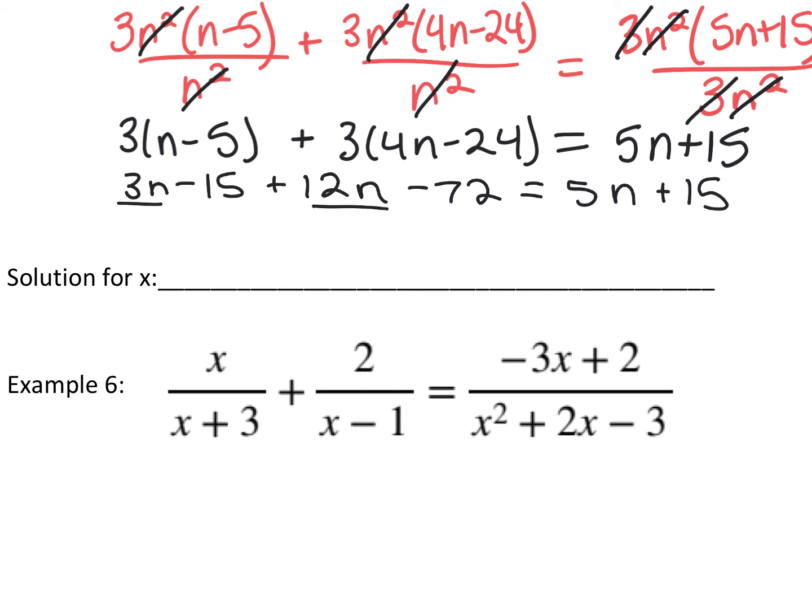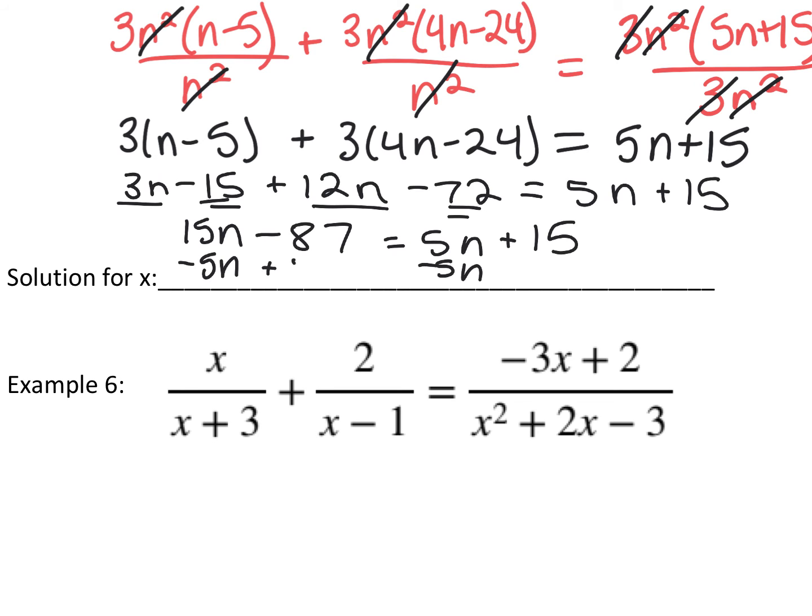What are those gonna add to? 15n. Okay. And then that one's negative 87. Minus 87 and then equals 5n plus 15. Minus the 5. And add the 87. So 10n equals 102. Divide by 10.